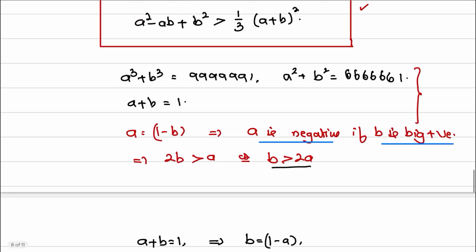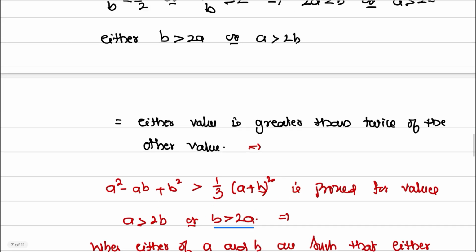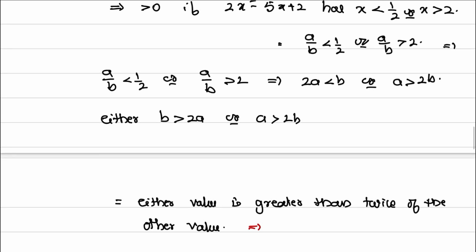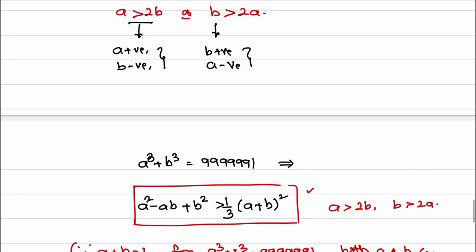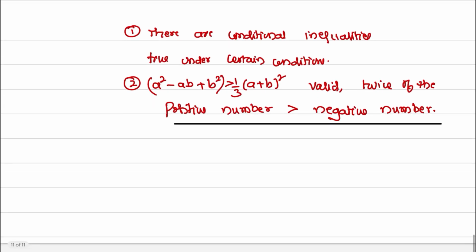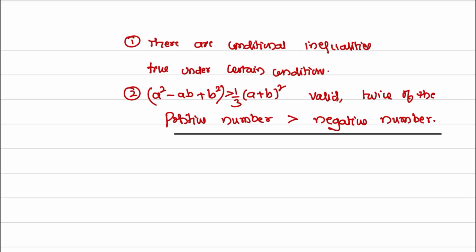You should be very, very clear on this. Either this one or this one. It's only interchanging a and b. It's not going to change the inequality, provided twice of the positive number is always greater than the negative number. This is the conditional inequality.